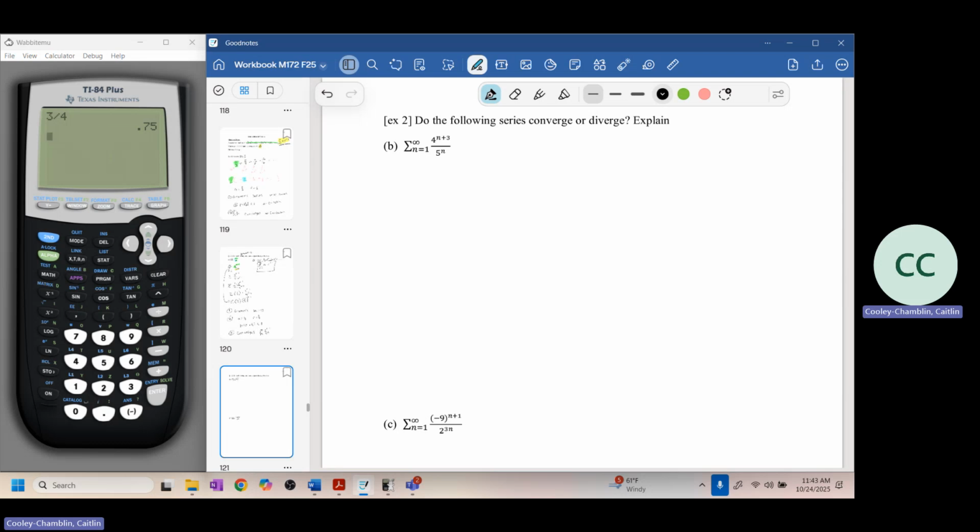So we need to do some work. Because I have a number raised to some power of n, I need to use a geometric series, or I think I'm going to use a geometric series. All right, so because I want to try a geometric series, the top is 4 to the n plus 3.